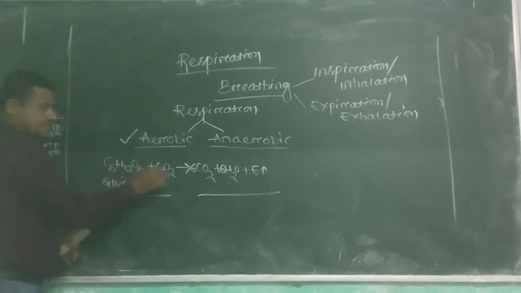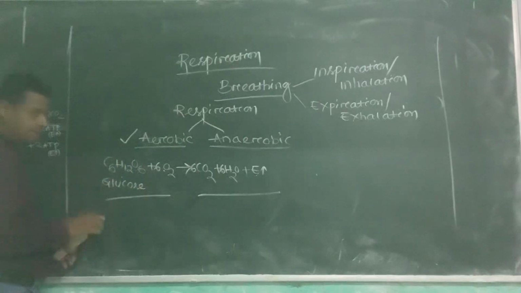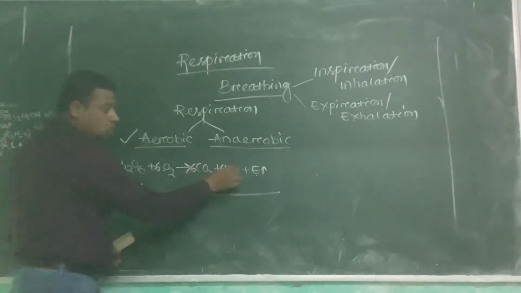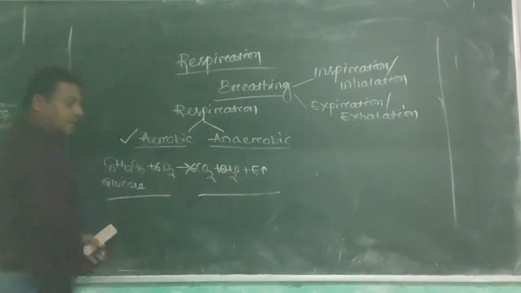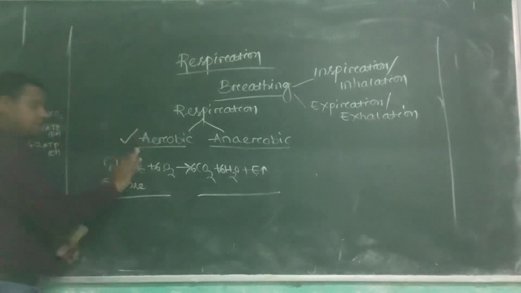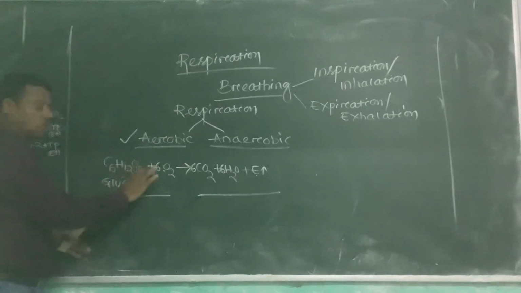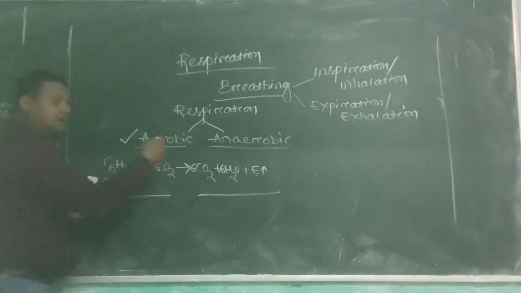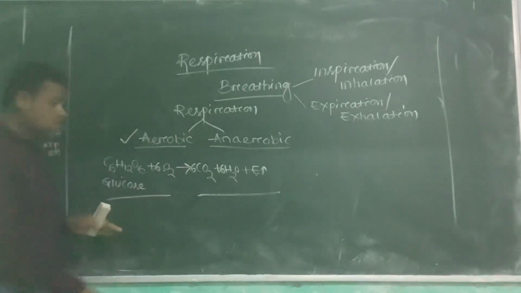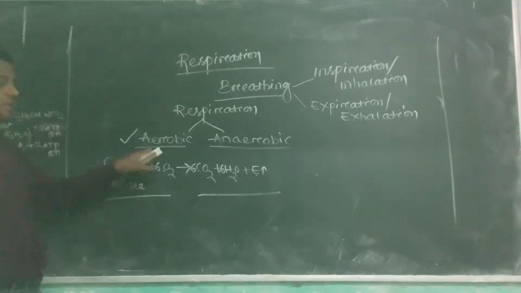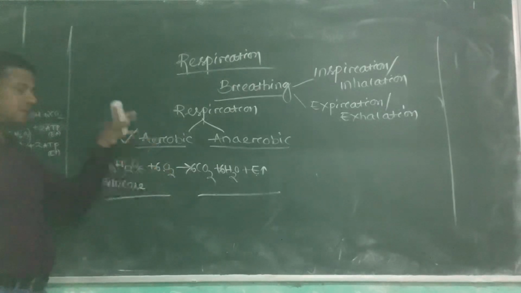Oxygen, that is 6 into 2, 12, 12 plus 6, that is 18. So we have 6 carbon, 12 hydrogen and 18 oxygen on both the reactant and product sides. This is the balancing of the equation, and this is the example of aerobic respiration.